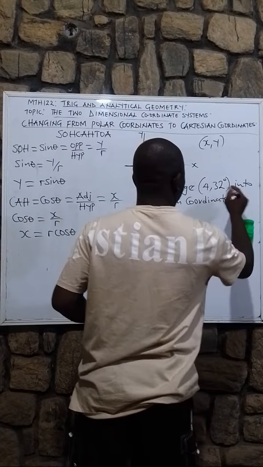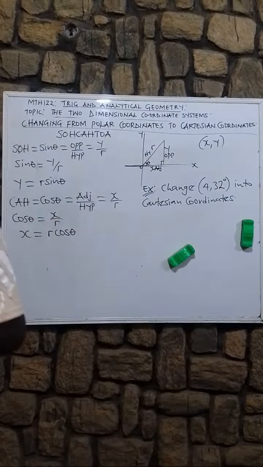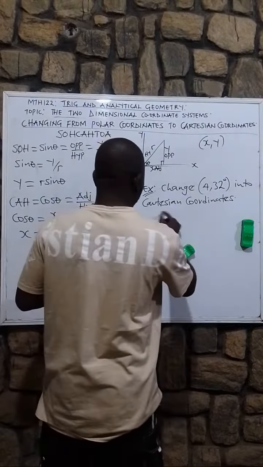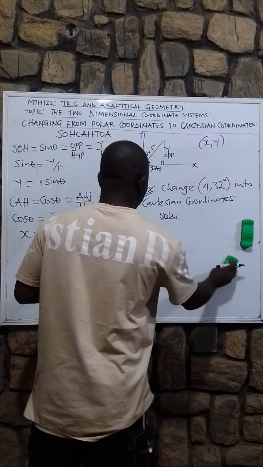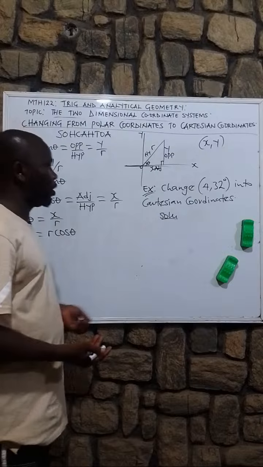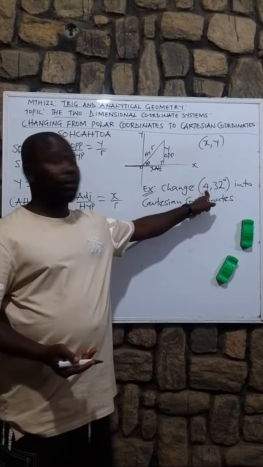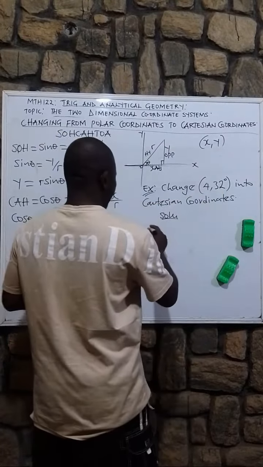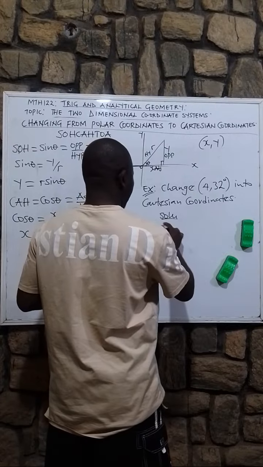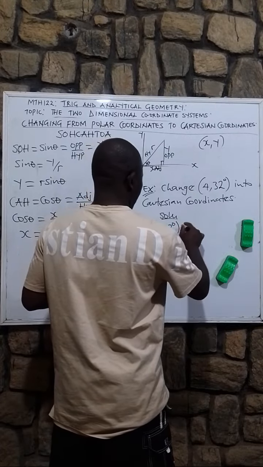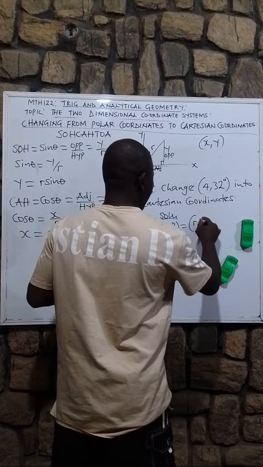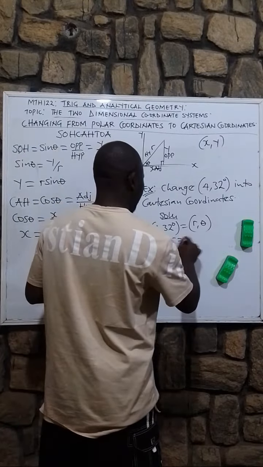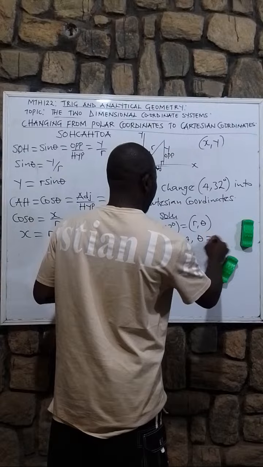As simple as ABC. So what we need to do, we write the solution. You don't need a prophet to tell you, already it is a polar coordinate system. In the polar coordinate system, (4, 32 degrees) is (r, theta), so r is equal to 4 and theta is equal to 32 degrees.